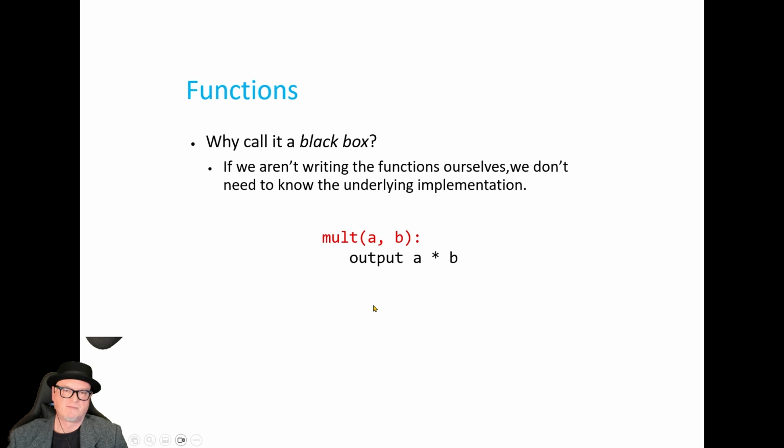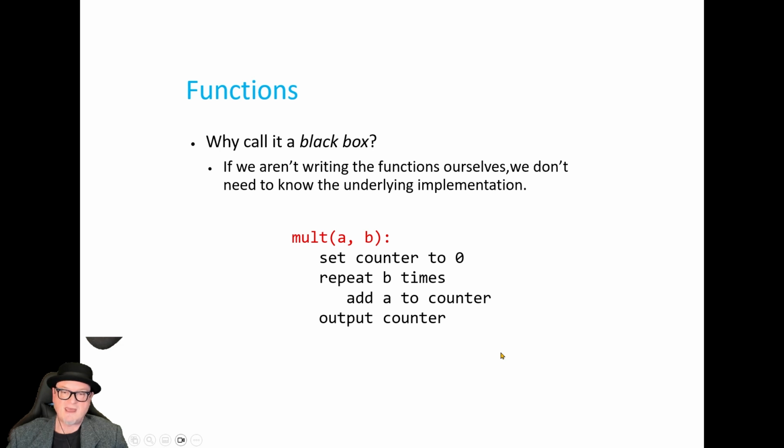And you know what? If we're not writing the functions ourselves, we do not need to see the contents of the function. Sometimes it might be interesting, as a learning exercise or to understand what the output is doing or how to get a particular output that's desirable. But we don't have to see what's inside the function.